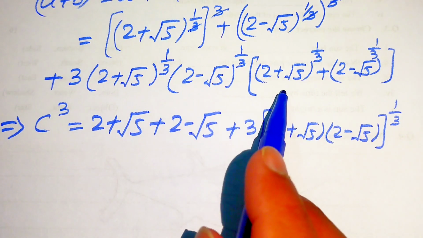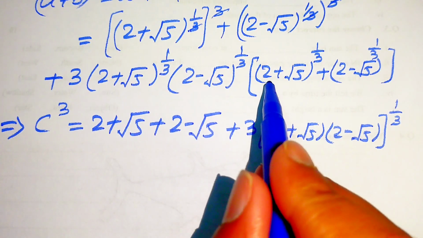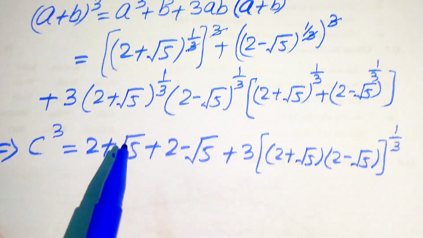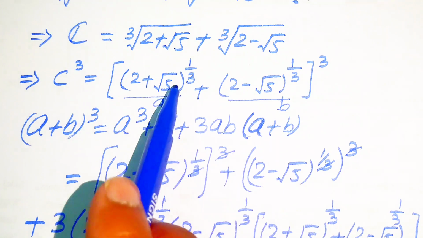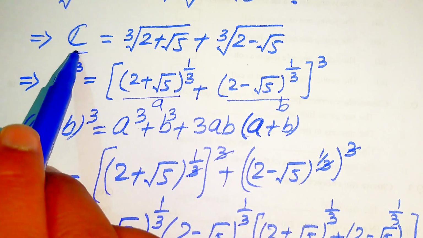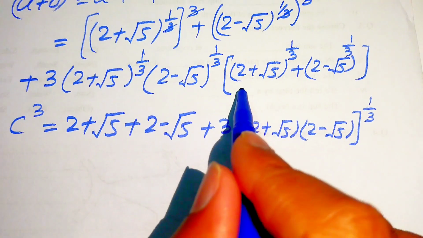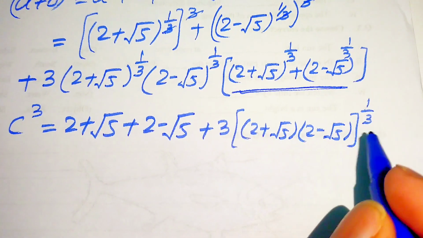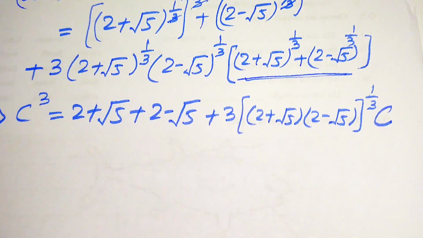And here you see that this is equals to c. We will take here 2 plus square root of 5 to the 1 over 3, 2 minus square root of 5 to the 1 over 3 is equals to c. Okay, so we replace this whole value equals to c, so we can write just here c.